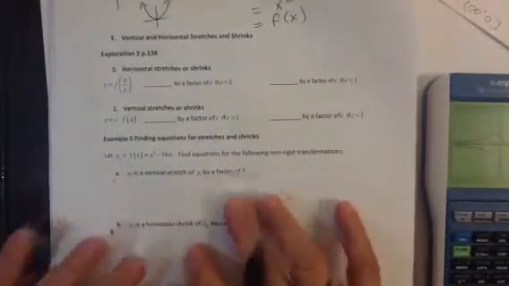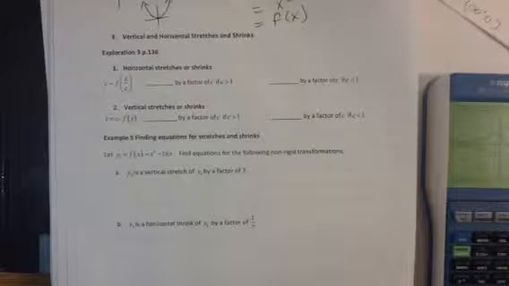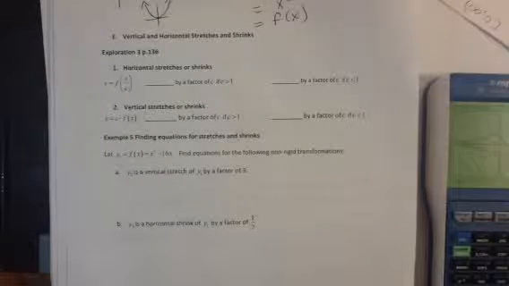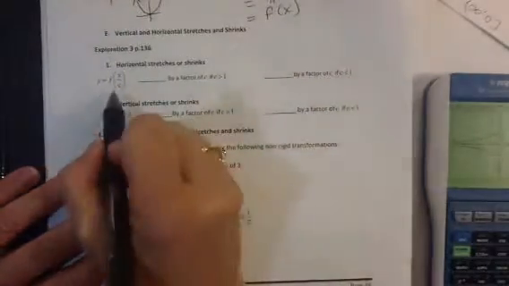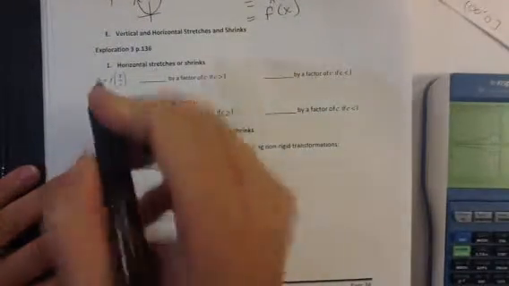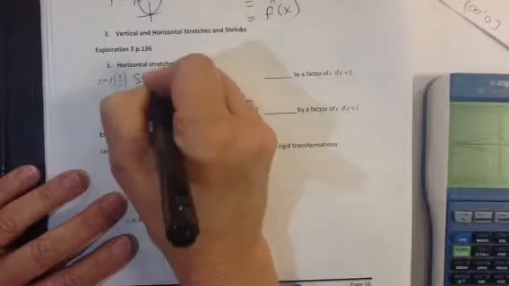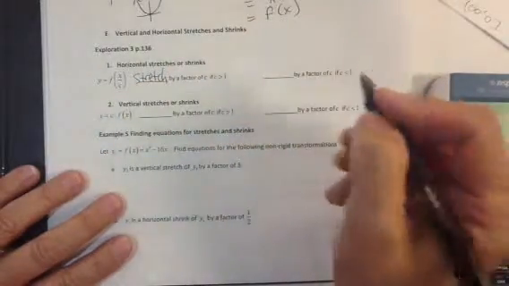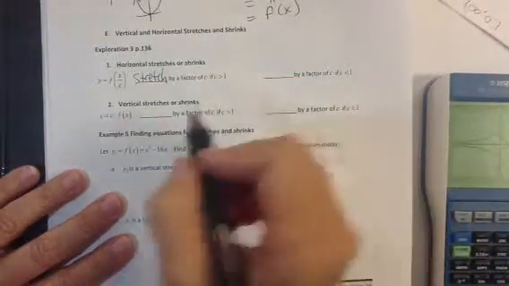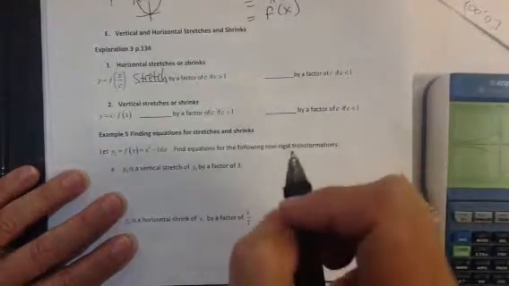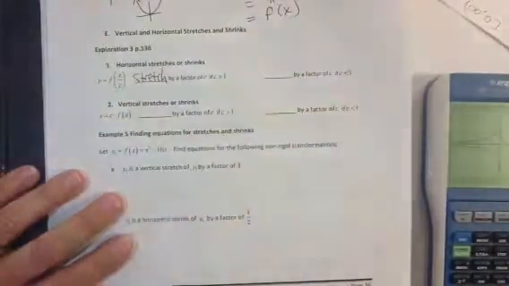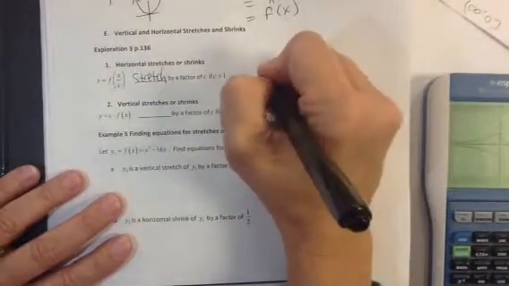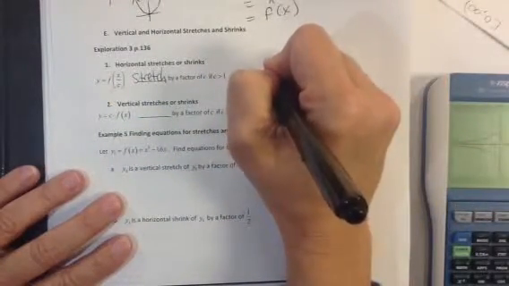Now what about horizontal stretches and shrinks? Those are a little bit different. The reason they're different is that the horizontals are the reciprocal. If c happens to be a number less than 1, it's going to be a shrink.